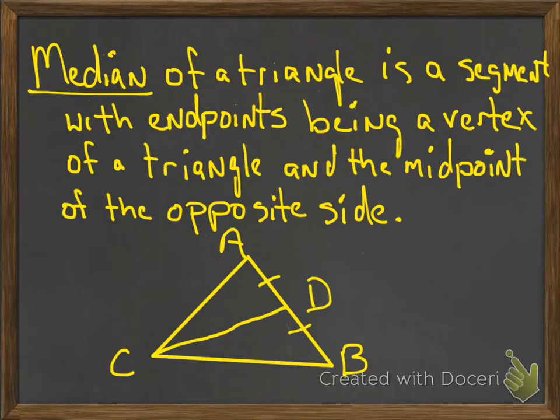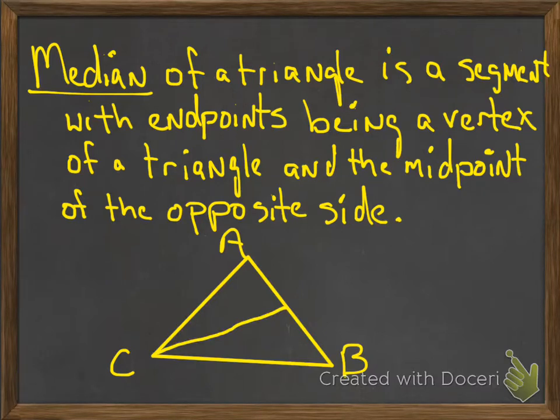Okay, so the median of a triangle is a segment with endpoints being a vertex of a triangle and the midpoint of the opposite side. So if you take a line that goes straight from the vertex, it starts at the vertex and goes to the other side.